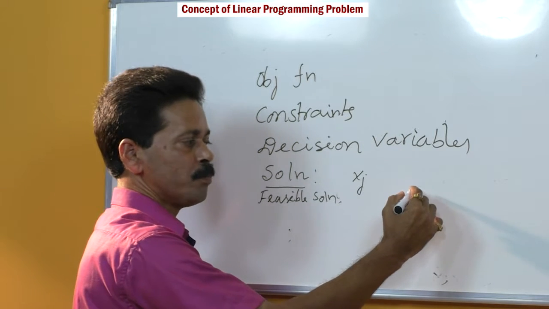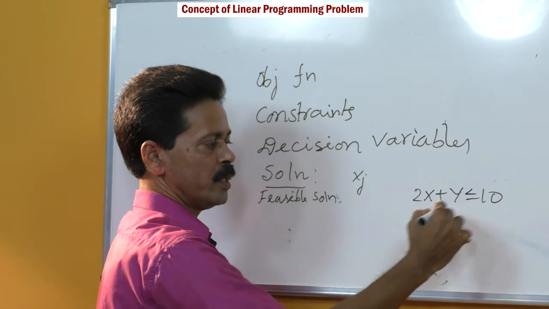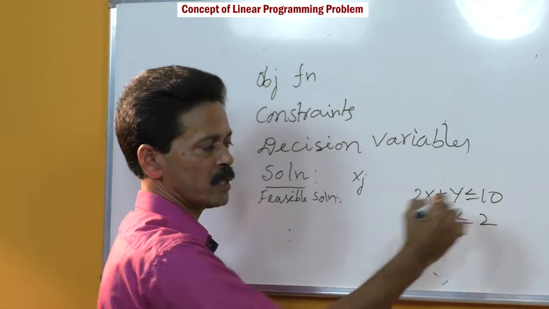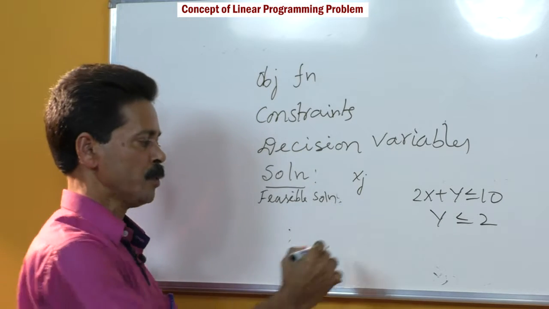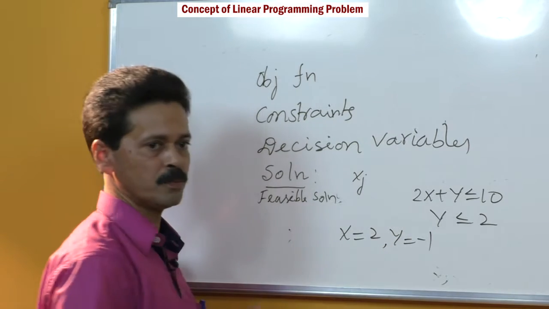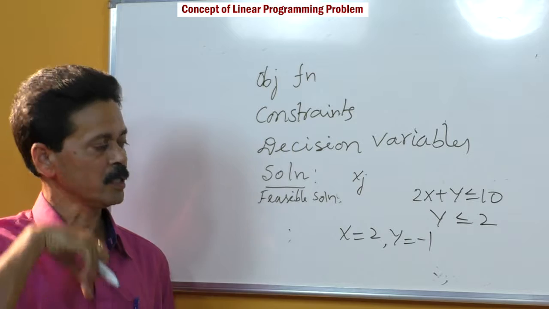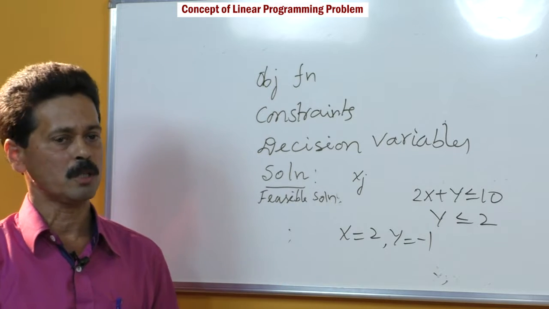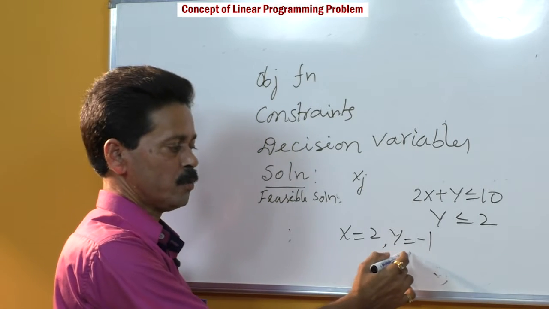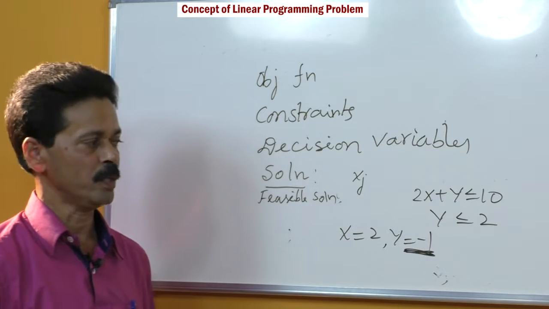In the above example, 2x + y less than or equal to 10 and y less than or equal to 2 are the two constraints. Suppose x = 2, y = -1. It may be a solution to the LPP, but it is not a feasible solution of an LPP because it violates the non-negative restriction, that is y = -1.